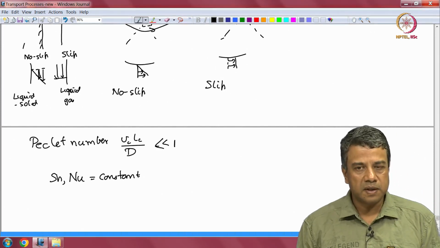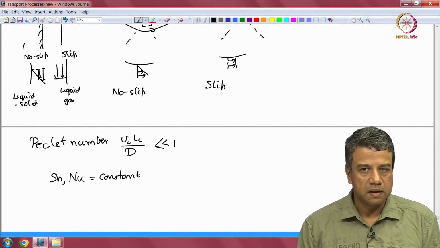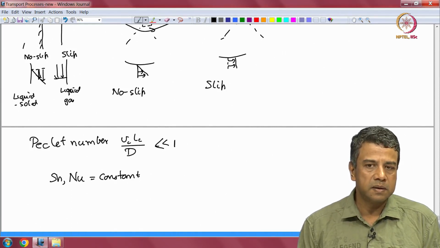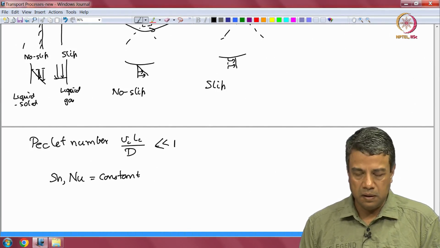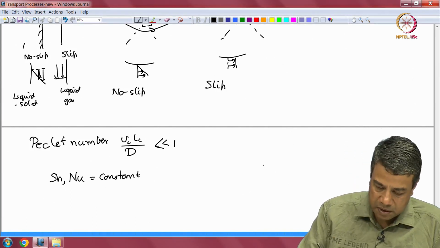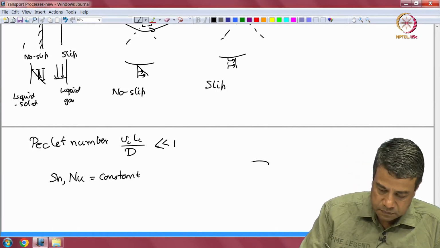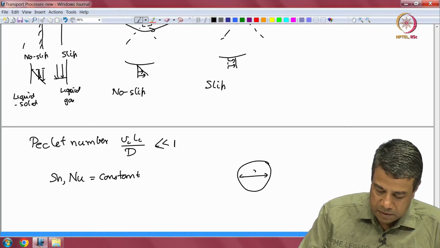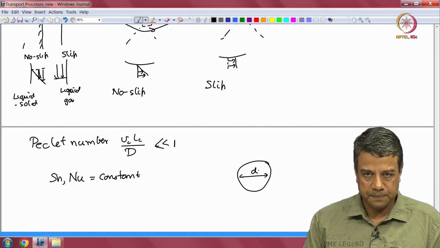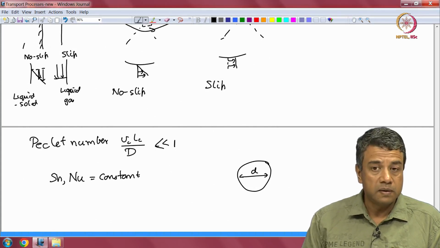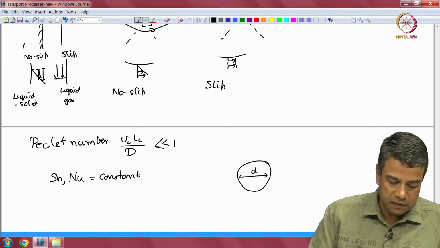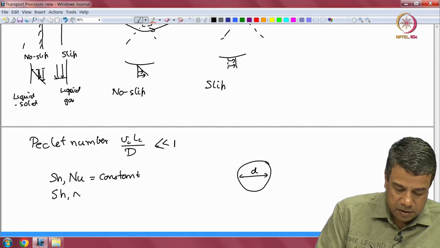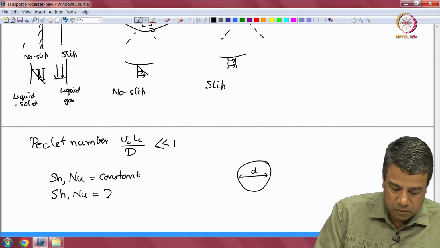In the case of flow past particles, of course, there is diffusion from the particle, and the Nusselt number or Sherwood number can depend upon the shape of the particle. If you had a particle of spherical shape of diameter d, we will see later in this course that in the limit of low Peclet number, the Sherwood number or the Nusselt number has to be equal to 2.